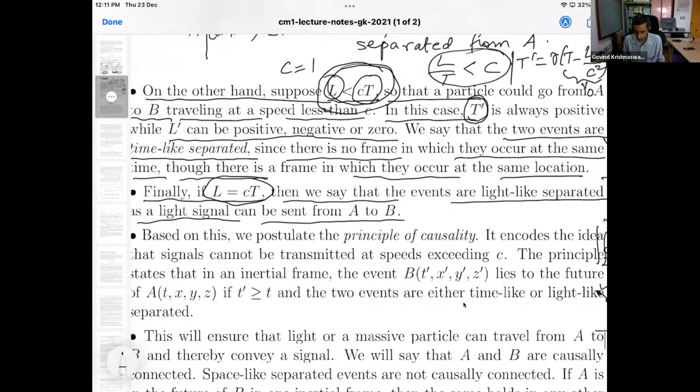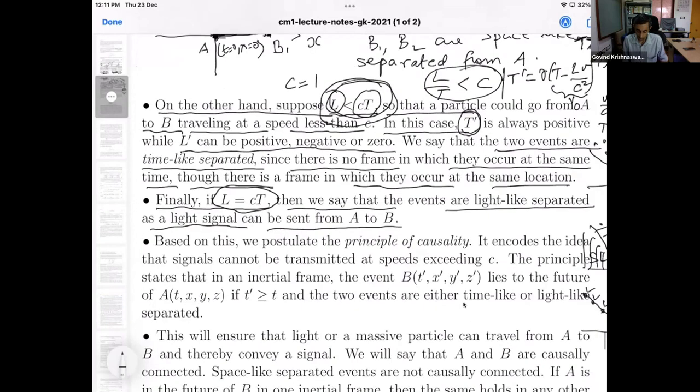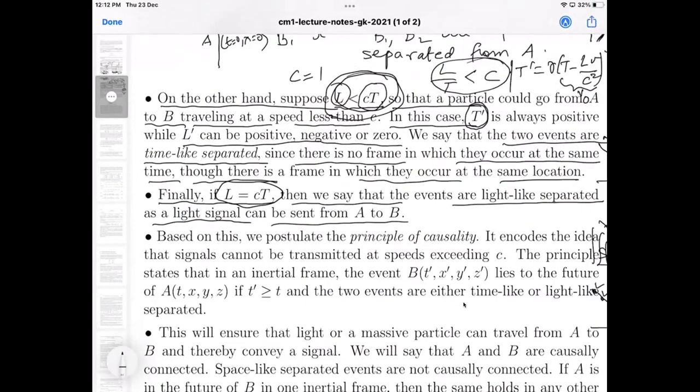We can go one step further using these. Yes, please. So for light-like separation, if the frame is traveling at the speed of light, then they both occur at the same time and the same place. Is that okay? I mean, if L minus CT.